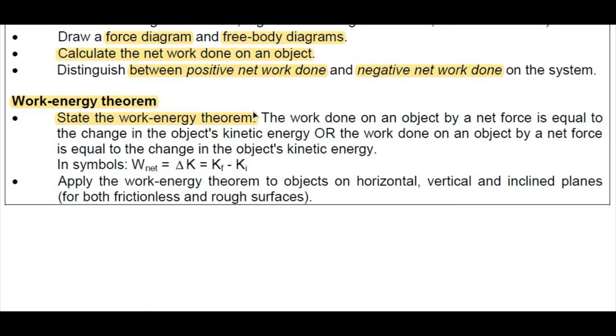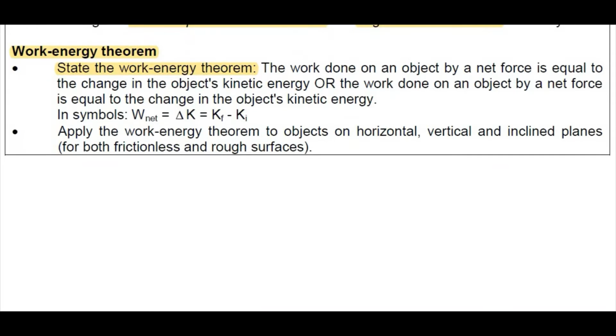The work energy theorem says that the work done on an object by a net force is equal to the change in the object's kinetic energy. In symbols, that is saying W net, which is the work done by a net force, is equal to the change in kinetic energy.